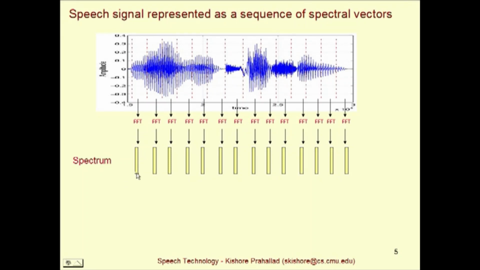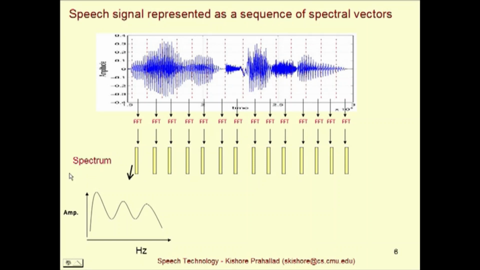So this spectrum, which you are seeing as a yellow rectangular box, is essentially something like this, where there is a frequency axis on the x-axis, and then there is amplitude here, and then these are the peaks in the spectrum, and then you get the line connecting them. So this is the spectrum which you are seeing for each of the yellow rectangular boxes.